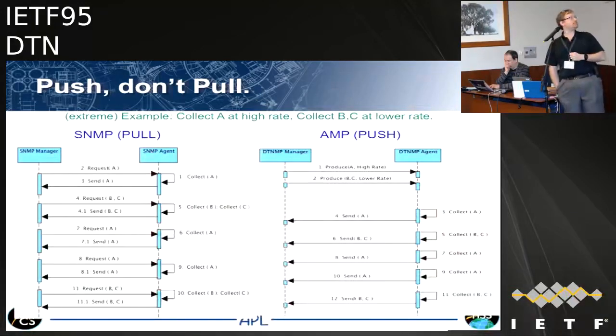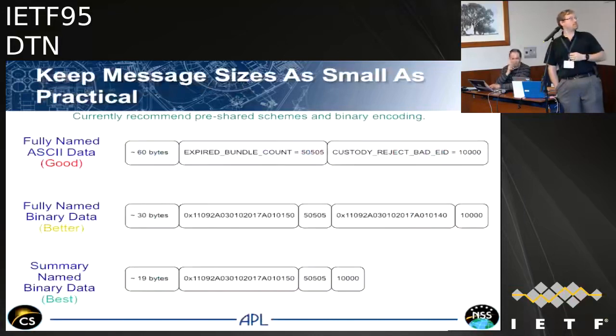Next slide. Keep message size as small as possible. One of the things we want to do right now is not include names with values. So not necessarily an XML representation. We believe that much like MIBs don't require you to share the schema in real time because the schema is known on either side, we wanted to produce what we call application data models that have pre-published the well-named data, and you don't need to have particular data types.